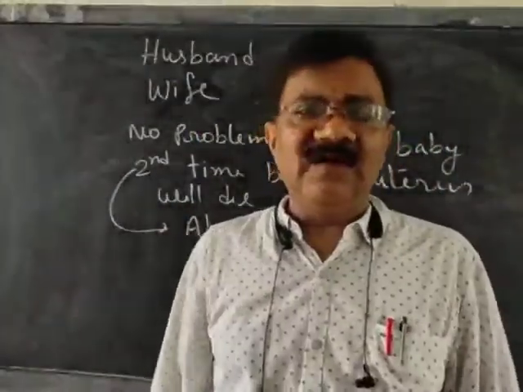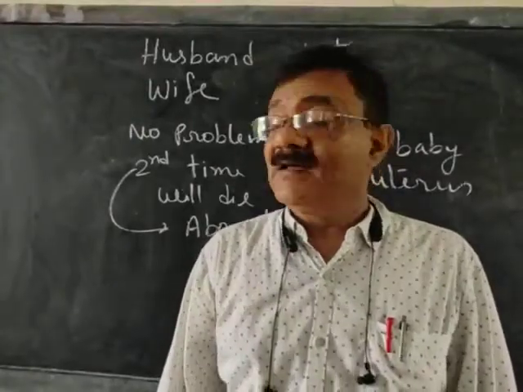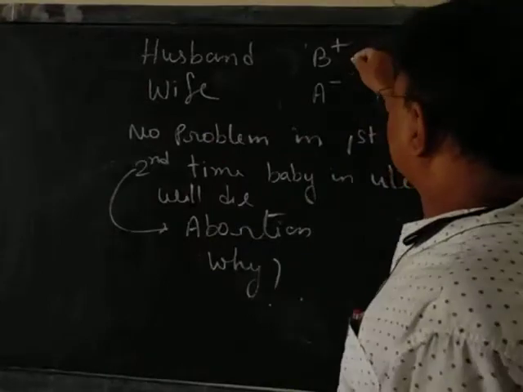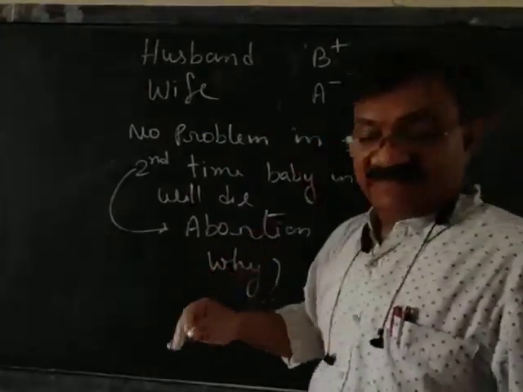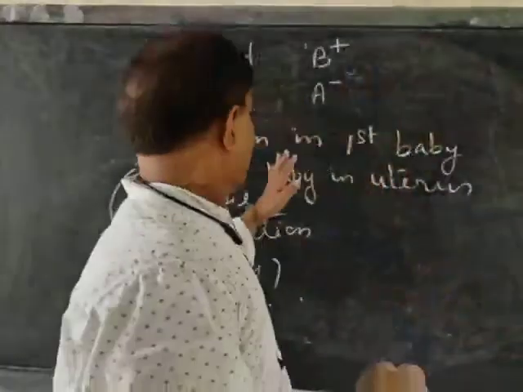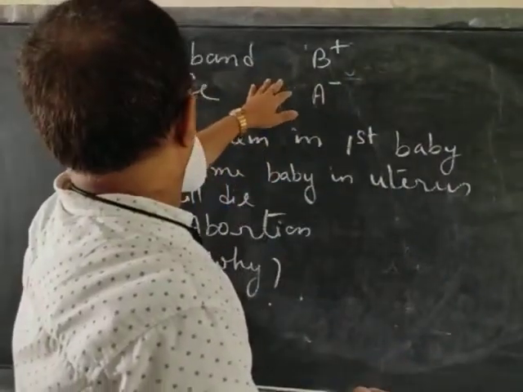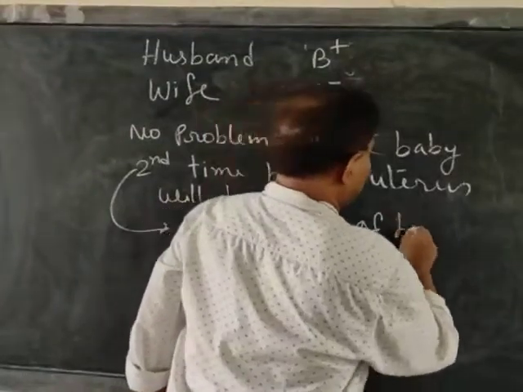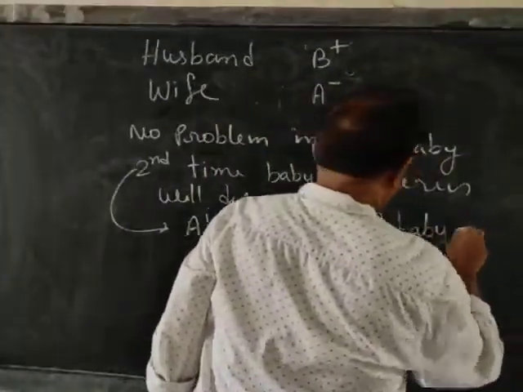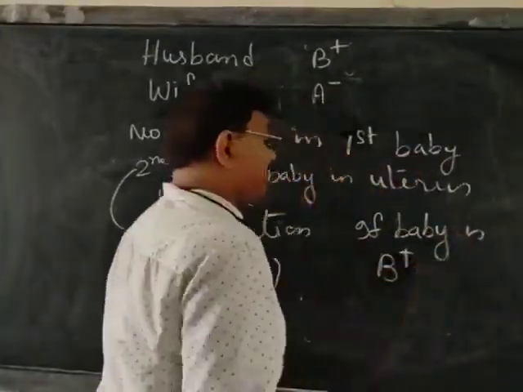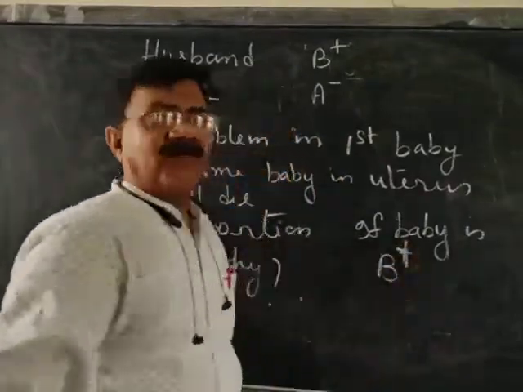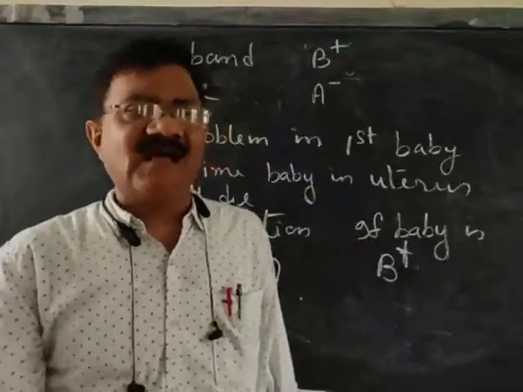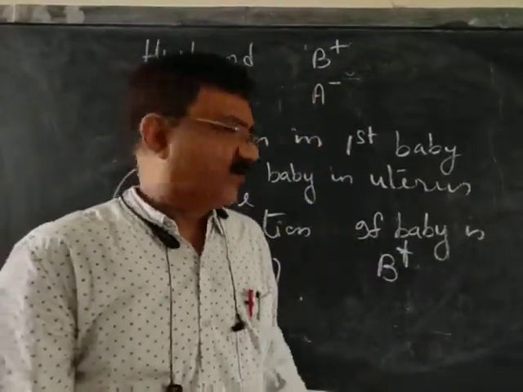The same will be the case. In what case? If the baby is B positive. The baby may take the mother's blood group or the father's blood group, whichever is dominant. Very clear or not?